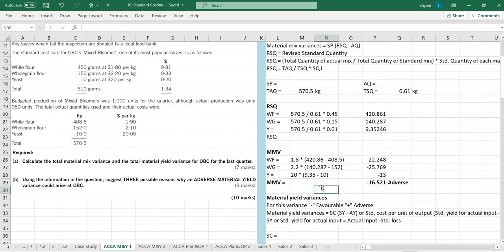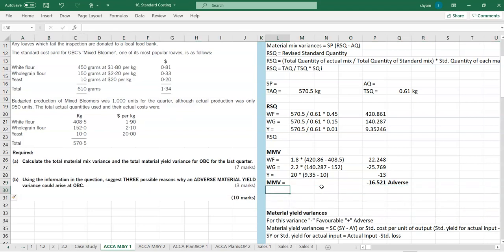Okay, so we can put a suggestion stating that the company uses more of costly raw materials and less of cheaper raw materials.